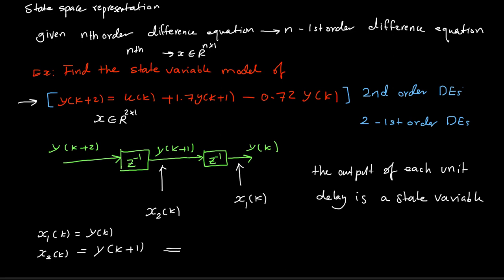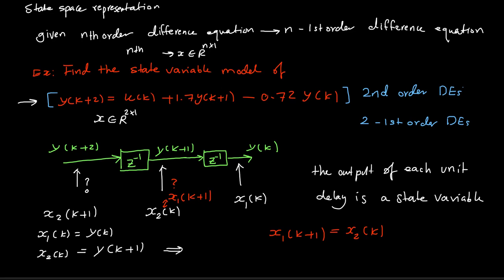So simply this means that the value here will be x2 of k plus 1. The same thing here, the value here in terms of x1 will be x1 of k plus 1. So simply, now we have the state variables. We will say that x1 of k plus 1 will equal x2 of k.